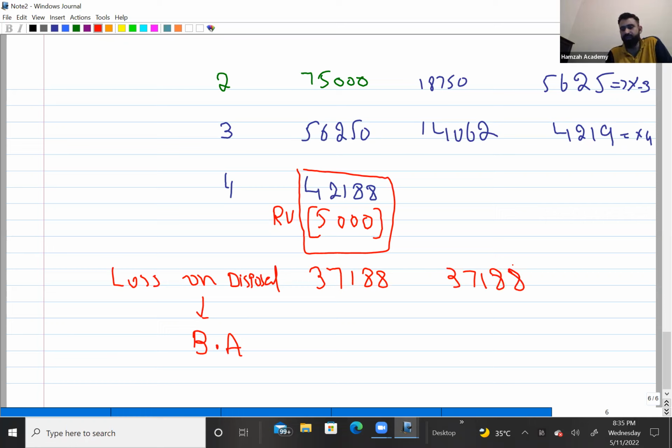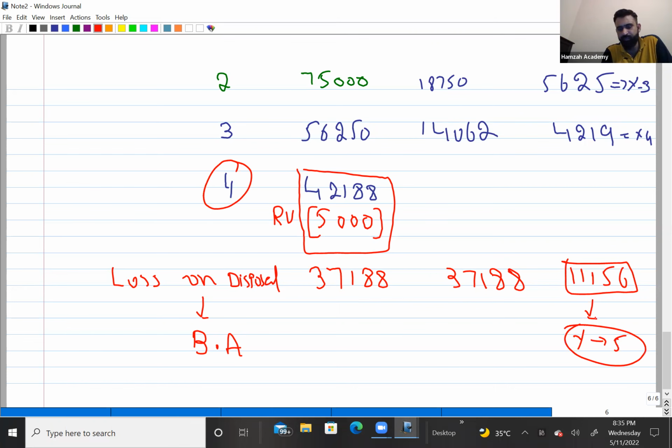Now we will take 30% of this balancing allowance, and 30% of this is 11,156. This is a balancing allowance on year 4, but the relief will be available in year 5 with 1 year delay.